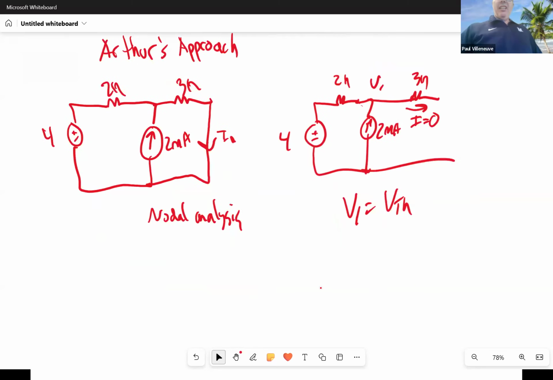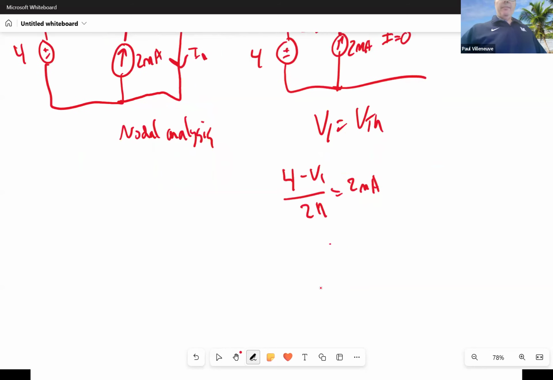Because what I see is current into the node: (4 minus V1) over 2K equals 2 milliamps. We'll solve for V1.